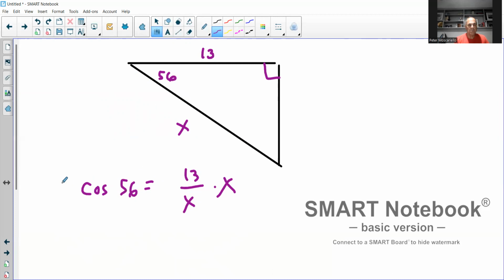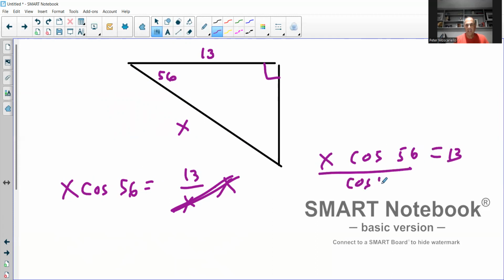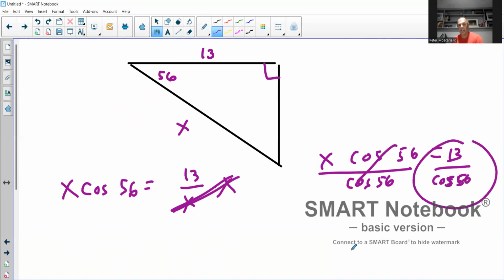X is on the bottom, so multiply by x. So x cosine 56 equals 13. Divide by cosine 56. We're not using inverse cosine, we're dividing by cosine 56. So your answer for x is this. And again, you just punch that out and you got it.